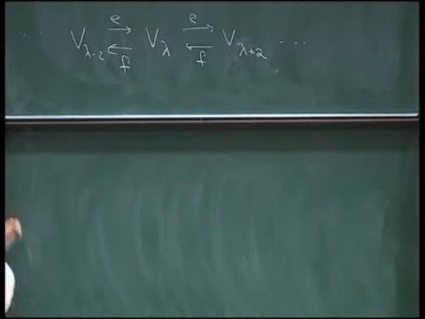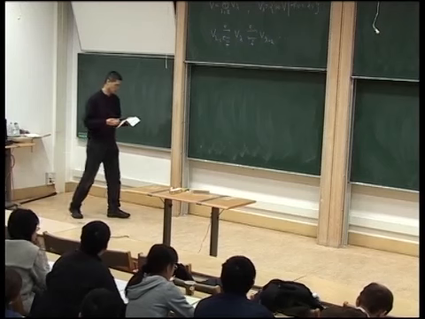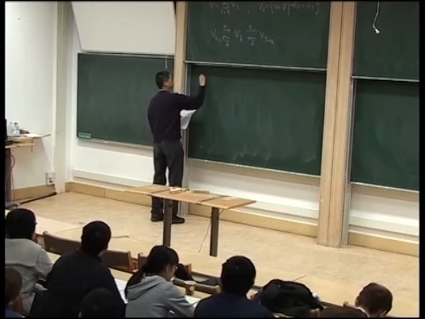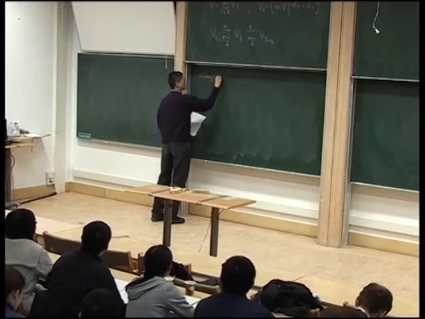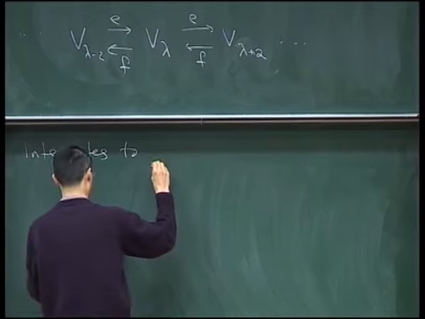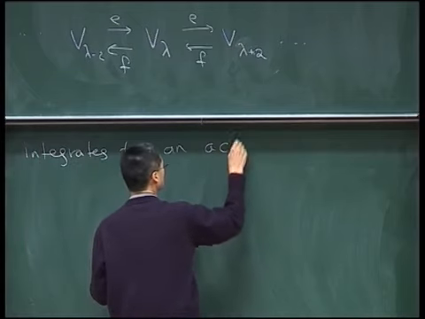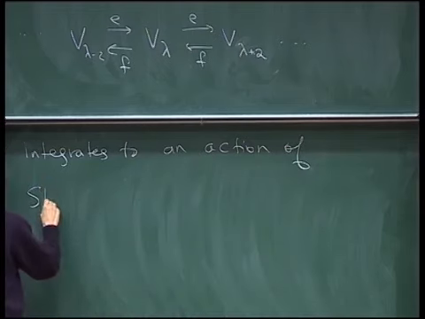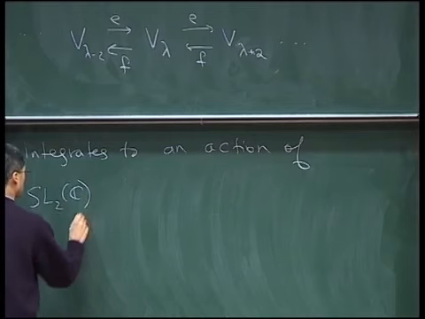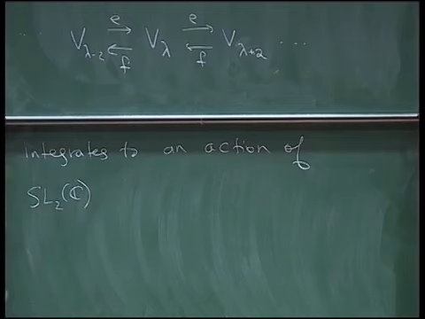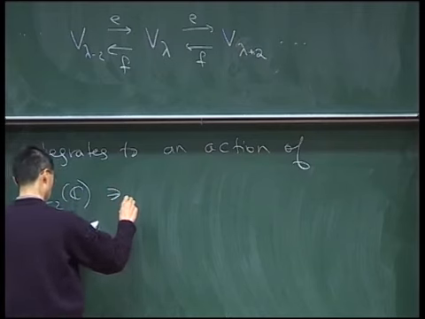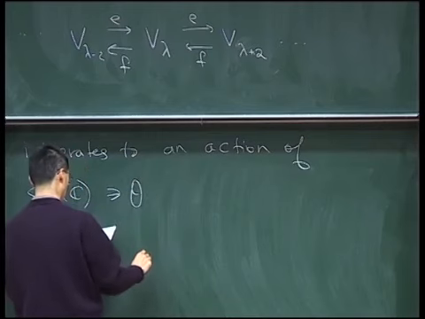Okay, since it's a finite dimensional module, I can integrate to get an action of the corresponding Lie group. So I want to consider a particular element inside this group, which I'll denote by theta.